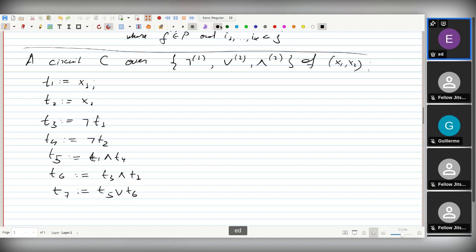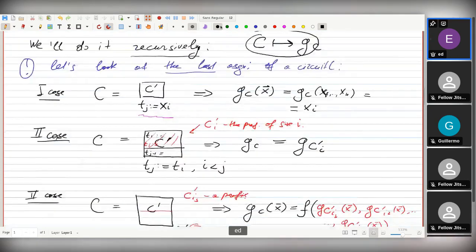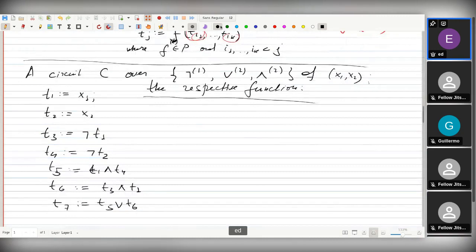So we want to find the function which each line of this circuit computes. Okay. For each prefix we define it, hence we will obtain it for the whole circuit. Which function do we have here for the first line?